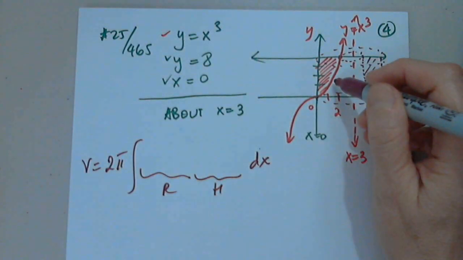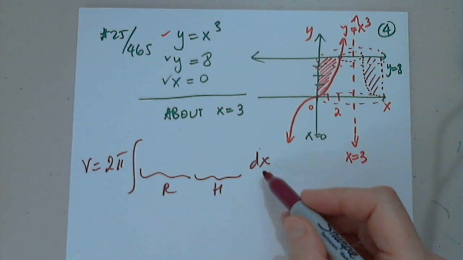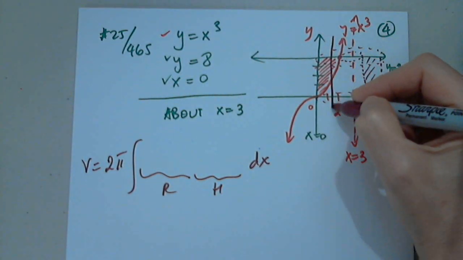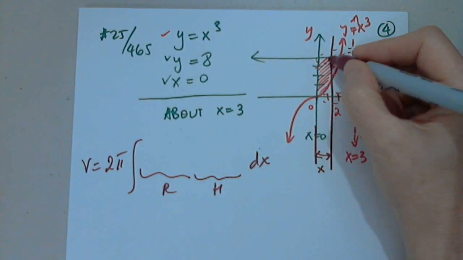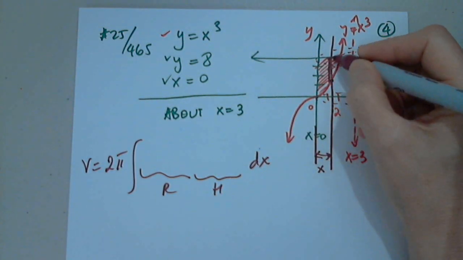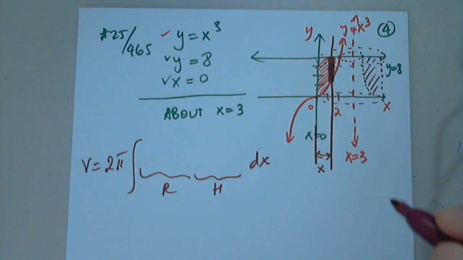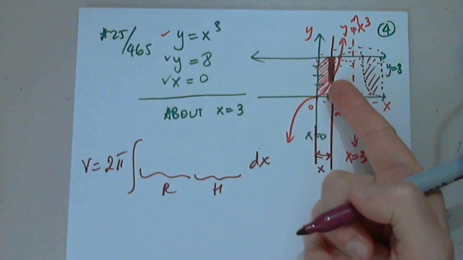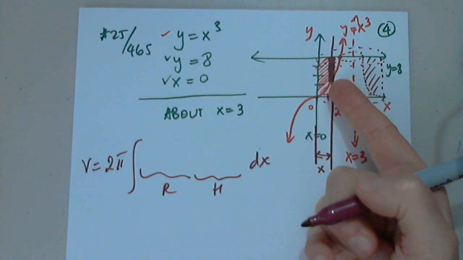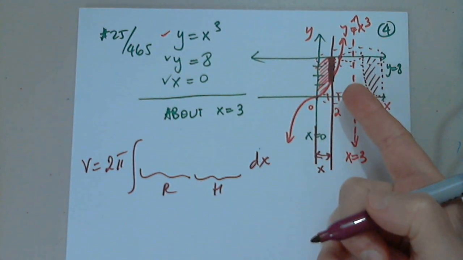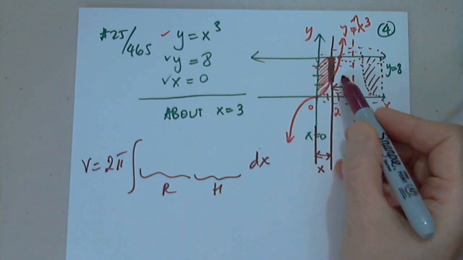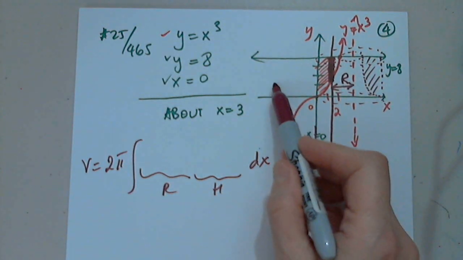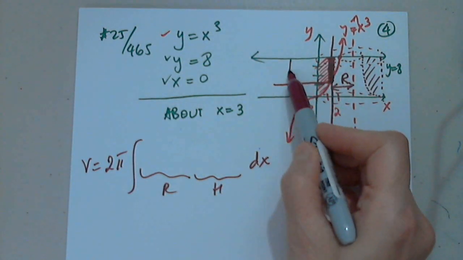Through the area, since we are integrating with x, for a particular x value, for this particular piece, we have to determine the radius, and we have to determine its height.